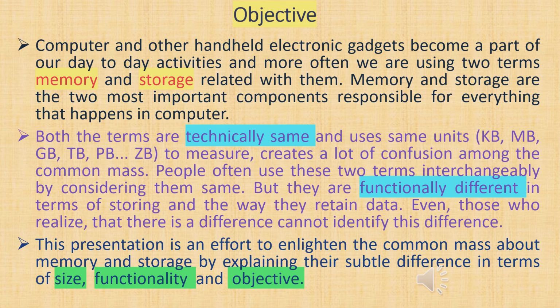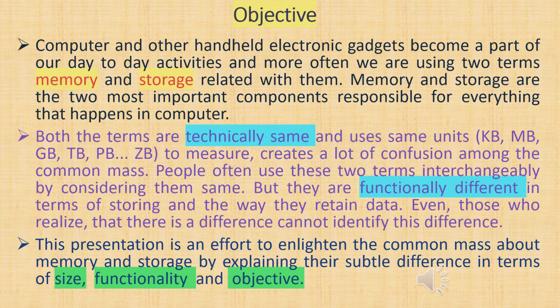In my day-to-day activities, I come in contact with quite a good number of people who are using computers and other handheld electronic gadgets. While using them, they frequently use two terms, memory and storage. Here I want to emphasize that memory and storage are the two most important components responsible for everything that is happening in a computer.